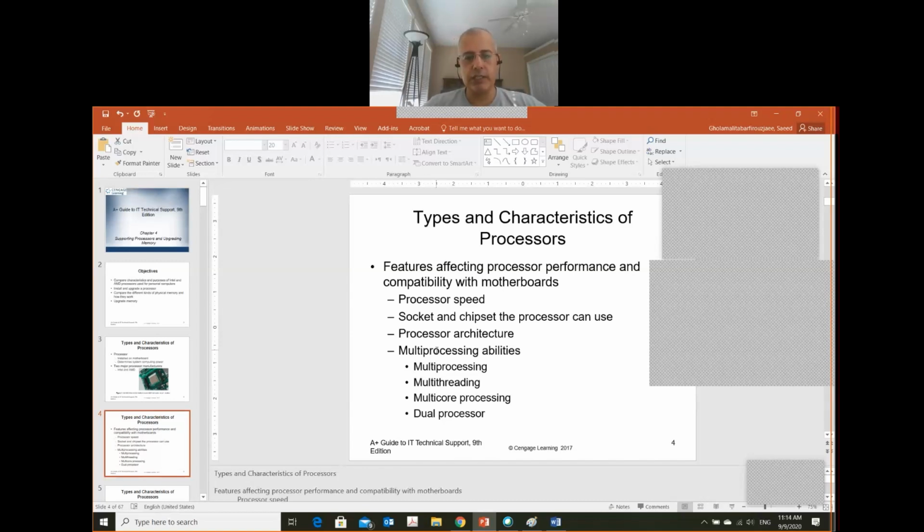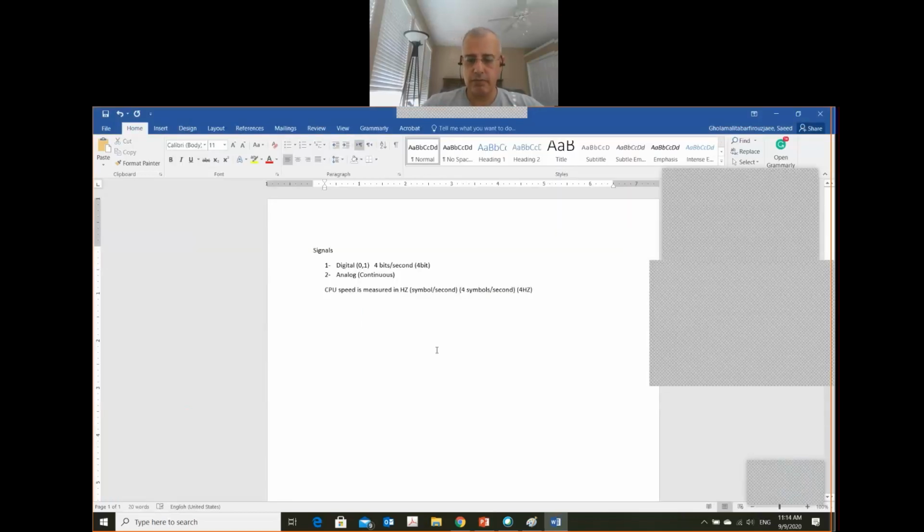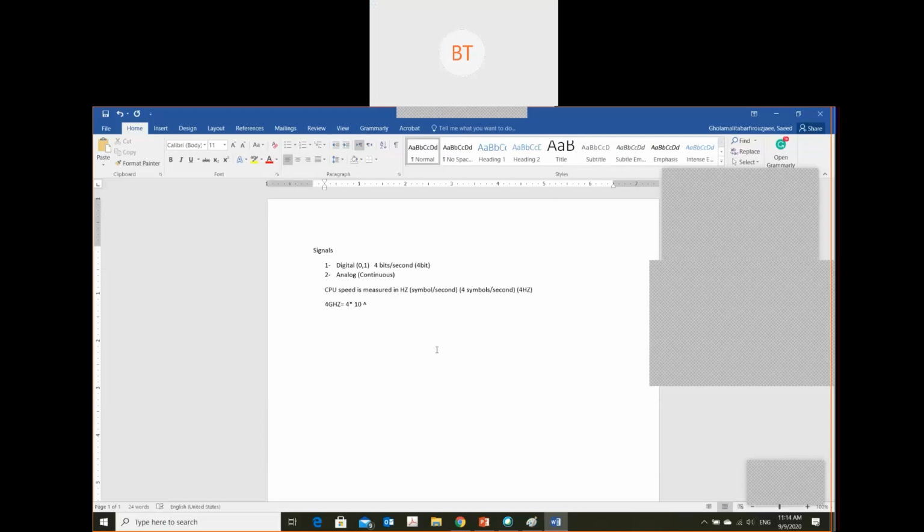4 gigahertz means 4 times 10 to the power 9.